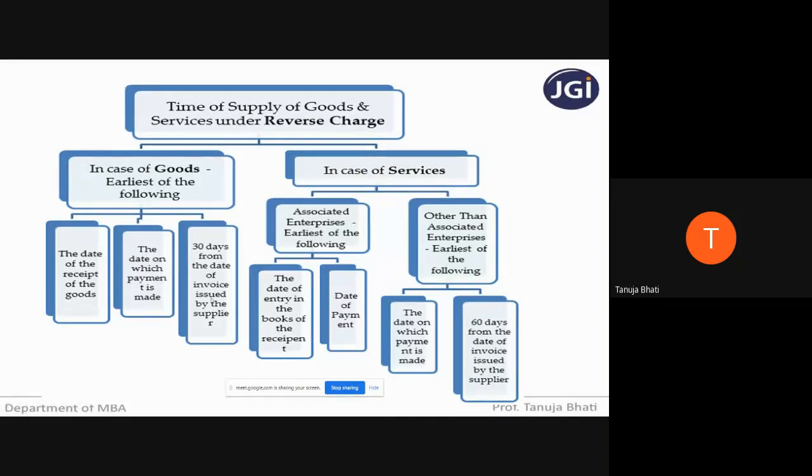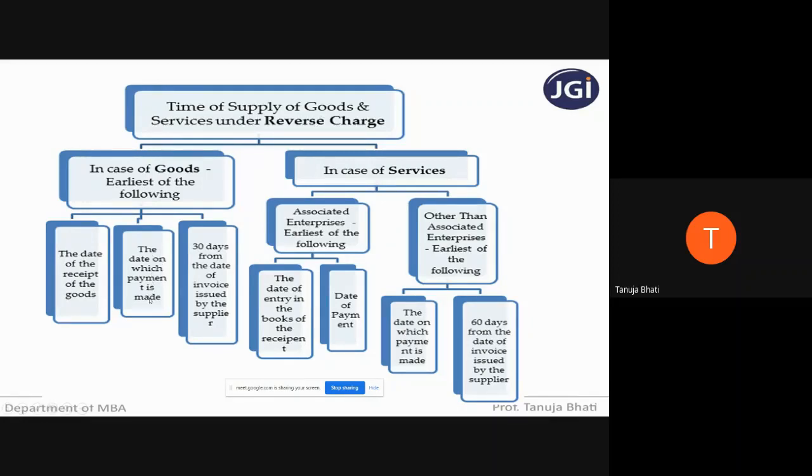Whichever date is falling earlier, that will be the date we have to consider as the time of supply. Now, what is the meaning of date of receipt of goods? It means the date on which the goods are received by the recipient. Why am I saying by the recipient? Because again, it is reverse charge. The date on which payment is made: since it is from the angle of the recipient, what is the meaning of date of payment made?